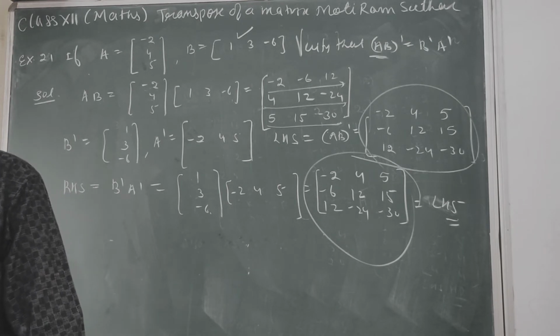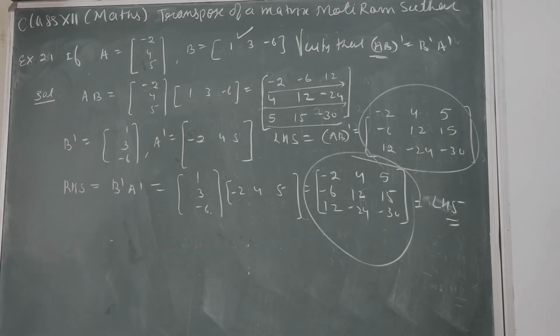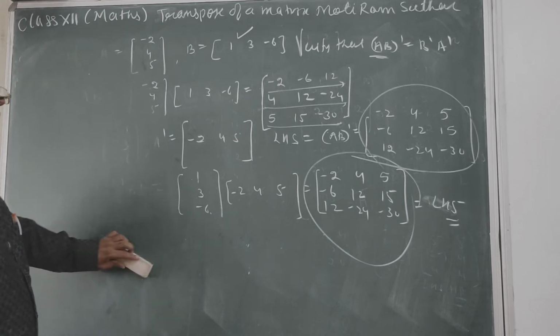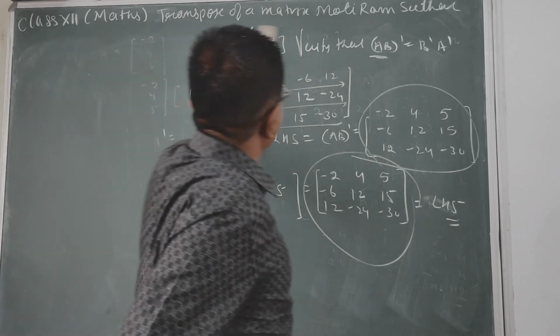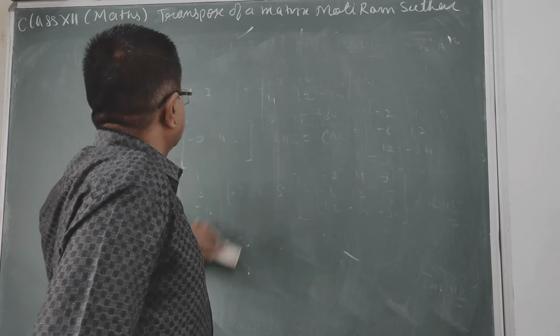Now see next one. This is all about the properties of the transpose matrix. Now some more properties of the transpose matrix, and we call them other title or red line we can say, but these are the special properties of the transpose.